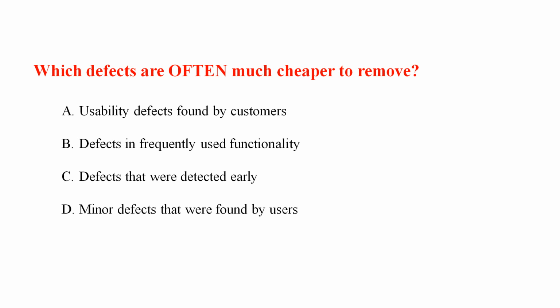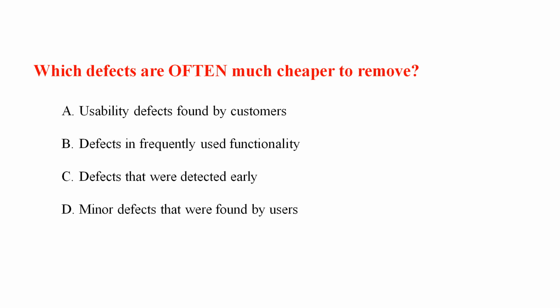Here, how will you calculate the cheaper-to-remove concept while removing defects? Majorly two things. One is the number of resources, whether developers or software test engineers, and the second is how much time they are spending to remove the defects. These two are the criteria to measure whether it is expensive or cheaper to remove defects in the software development lifecycle stages.